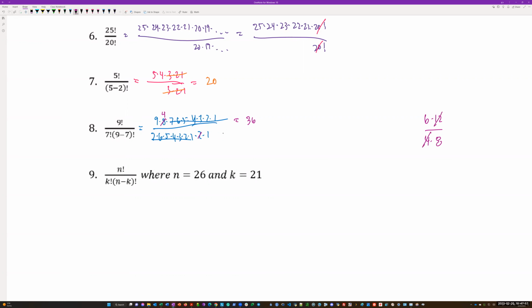Like 4 goes into 12 3 times, 6 and 8 have 2 that's common with them, right? So this one becomes 3 and this one becomes 4, and then we get 9 over 4. Does that make sense?